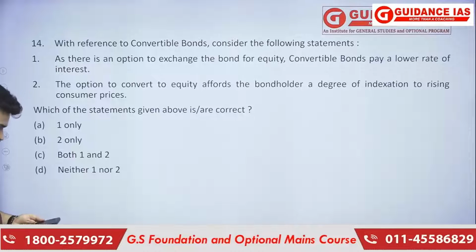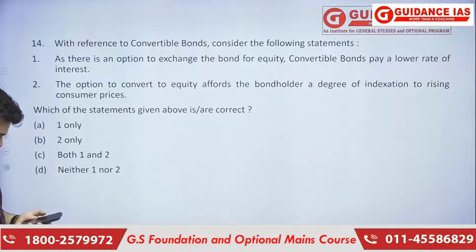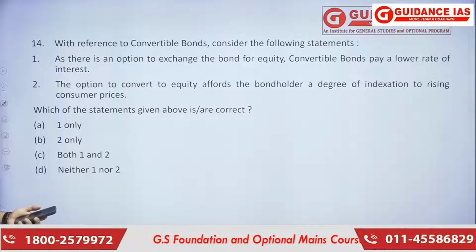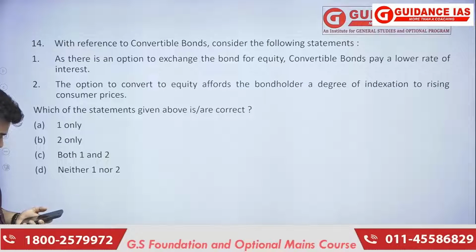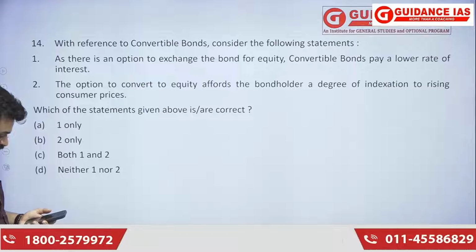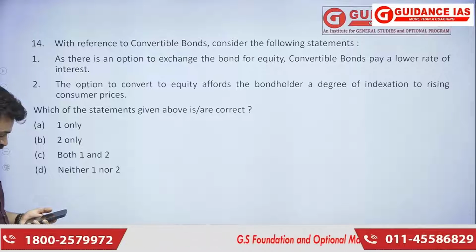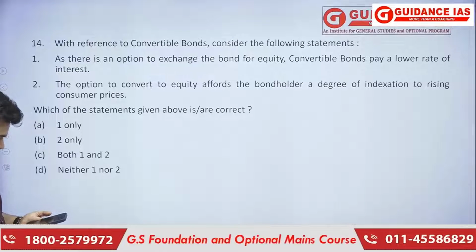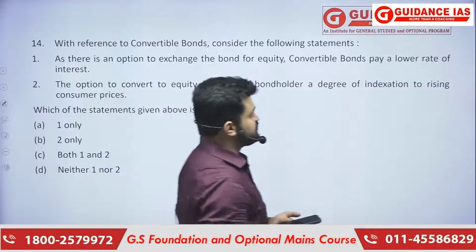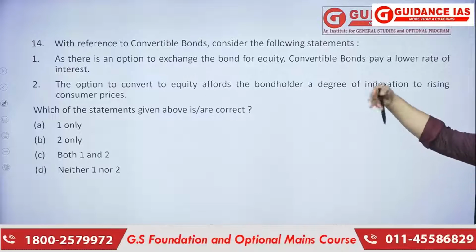Okay, next question. With reference to convertible bonds, consider the following statements. Convertible bonds. Okay, so the first statement: as there is an option to exchange bond for equity, convertible bonds pay a lower rate of interest. Yes, convertible bonds actually offer a lower coupon rate because they can be converted into equity.